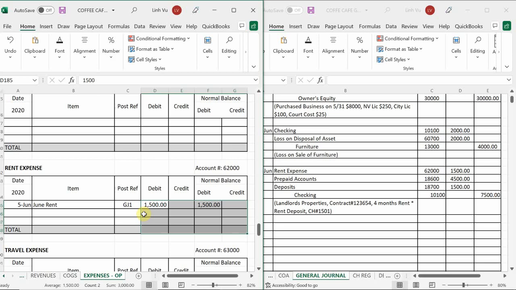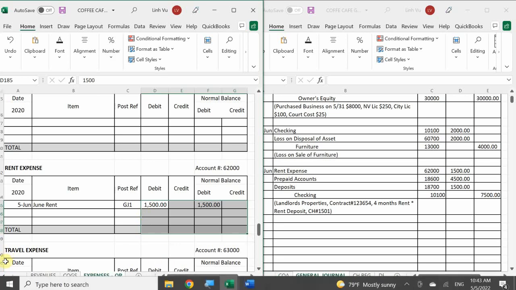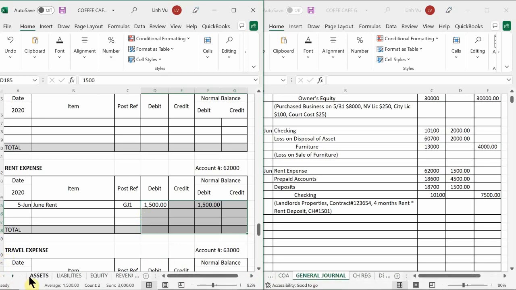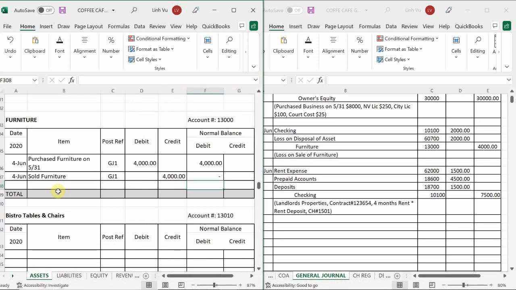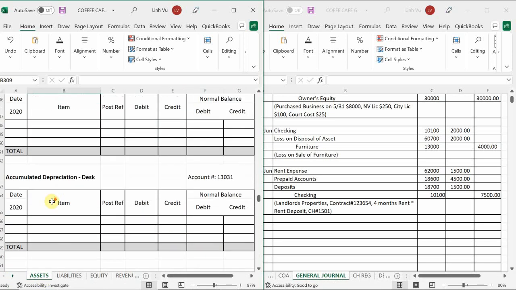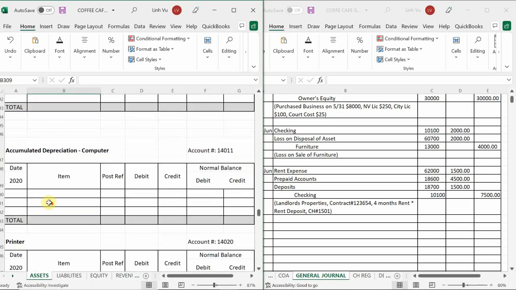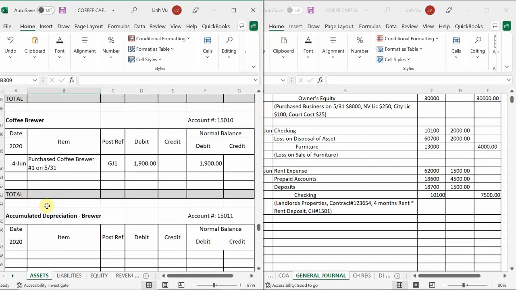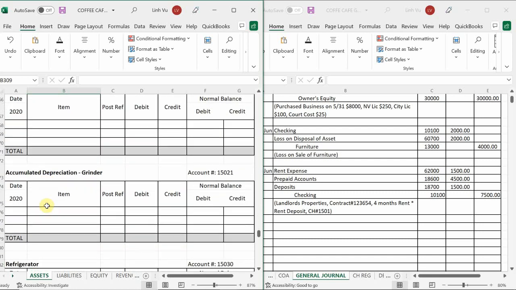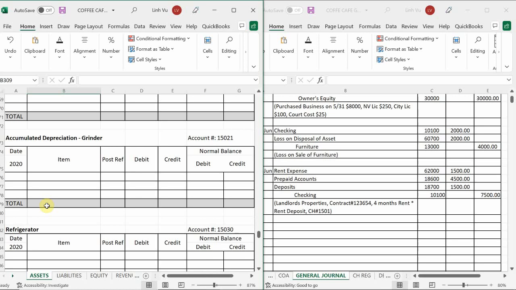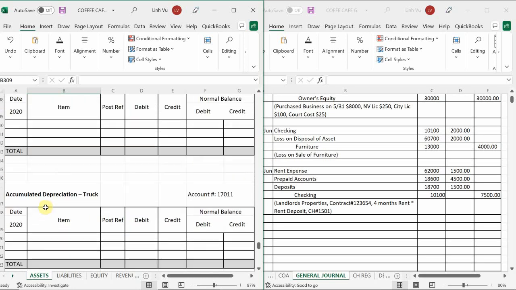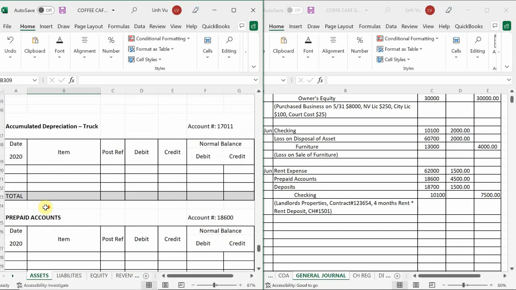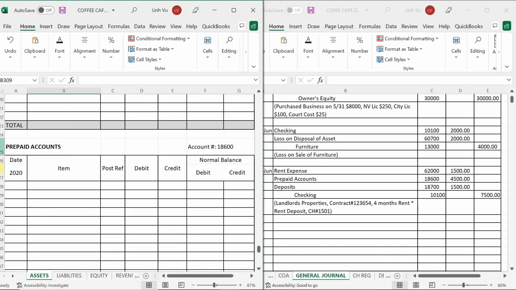We had some prepaid accounts, because we made advance payments for some rent here. So let's see. It's going to be towards the bottom here. Here you go, prepaid accounts.